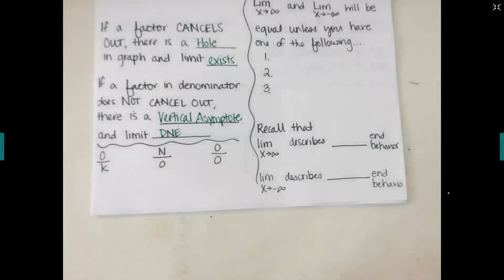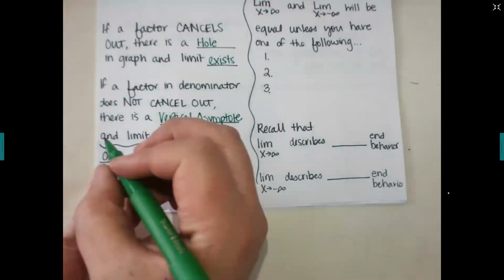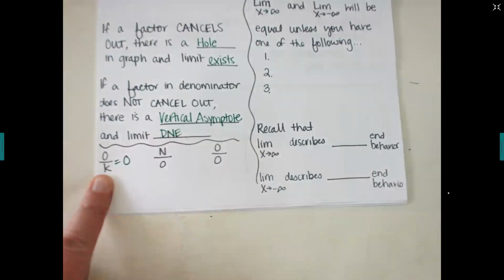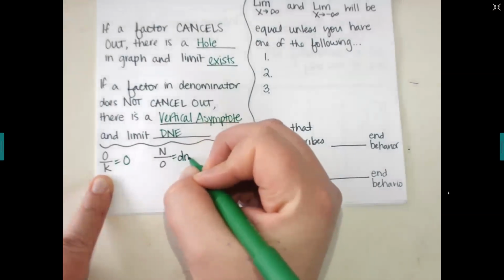Now let's talk about how you know when you need to factor cancel or apply one of the other strategies. If you get 0 on top and a number on bottom, that is okay. 0 divided by anything is 0. But if you get a number divided by 0, that's going to be no, you can't have that, DNE.